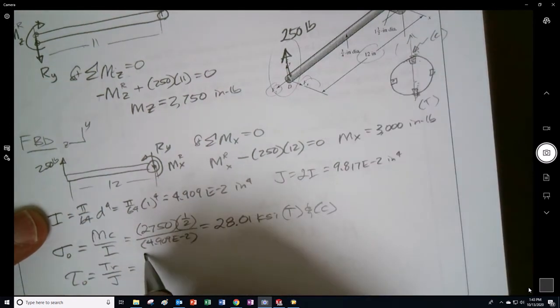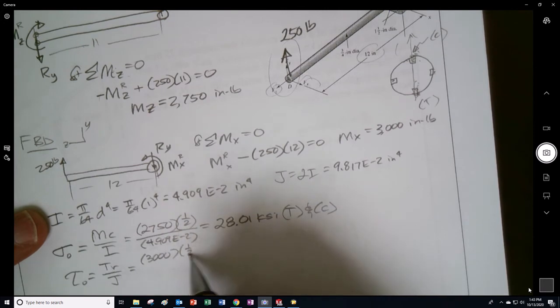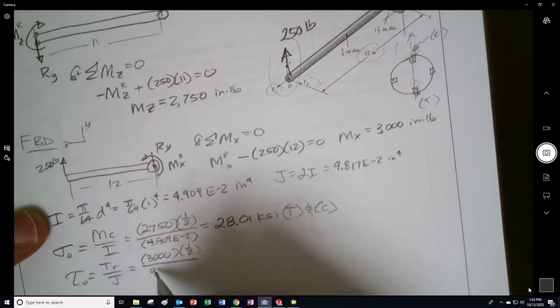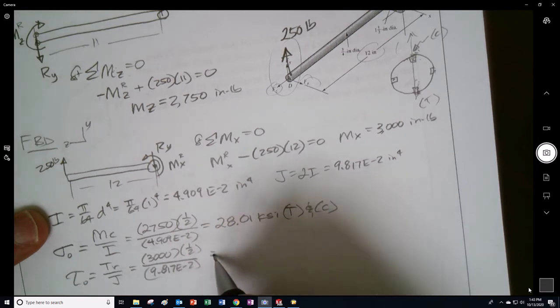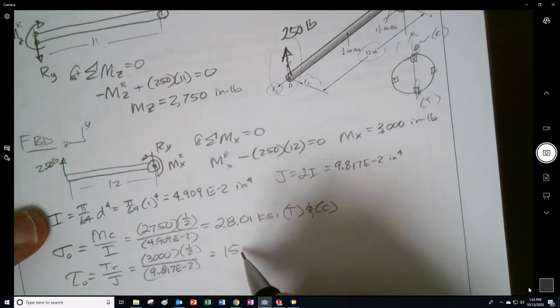And this guy is 3,000 times 1 over 2, over 9.817 e minus 2, and we are at 15.28 KSI.